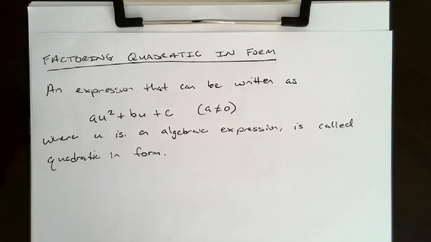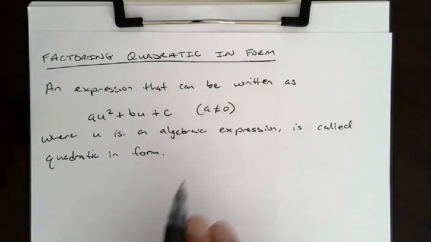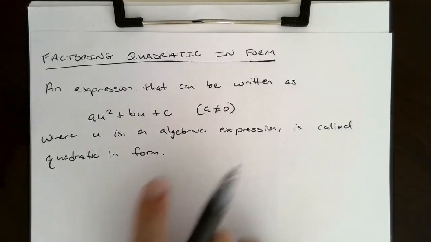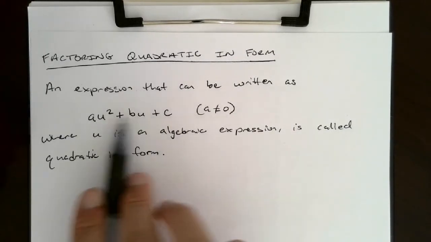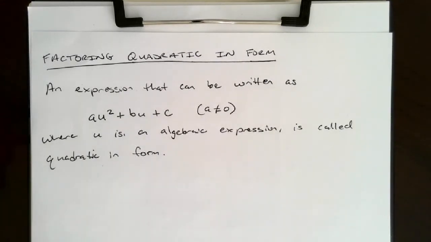So basically what we're saying is u is a placeholder for an algebraic expression. Sometimes it'll just be a single variable, sometimes it'll be something that has more than one term in it. But basically you can replace whatever that expression is with u to form something that looks like a quadratic expression or quadratic function, depending on what you're looking at.